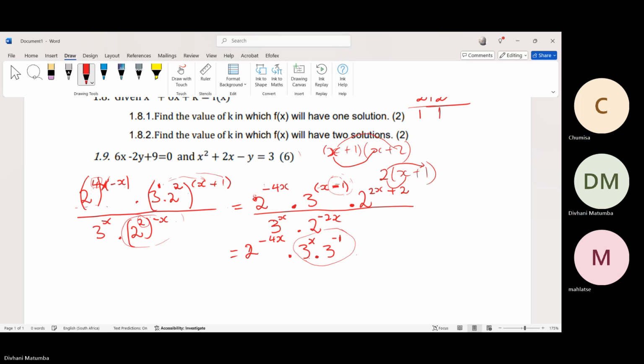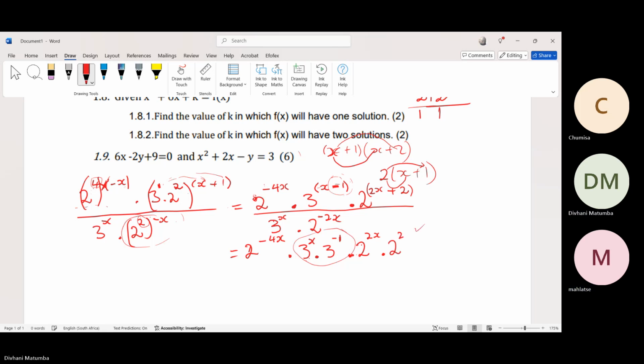Okay. So on the next one, Mahlatsi, how do we break it down? There is a bracket. So it's going to be 2 to the power of 2x, and times 2 to the power of 2.